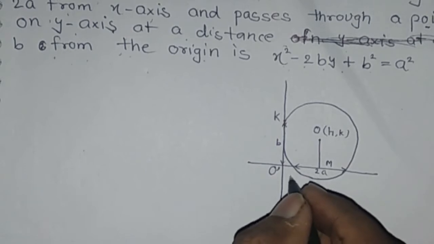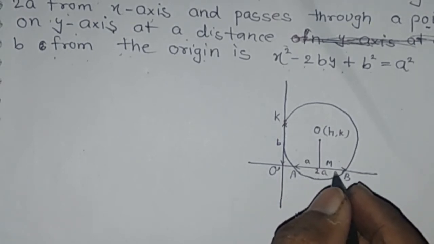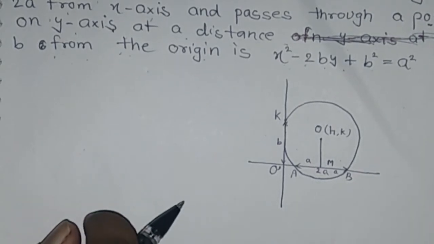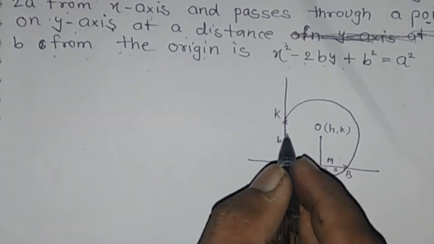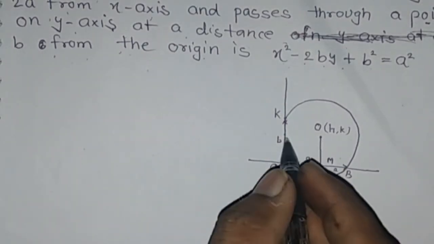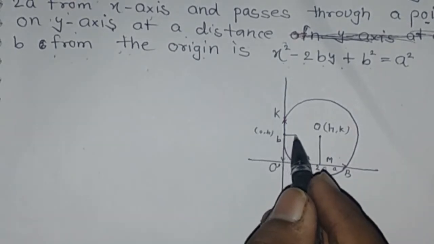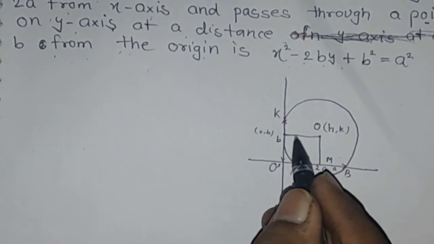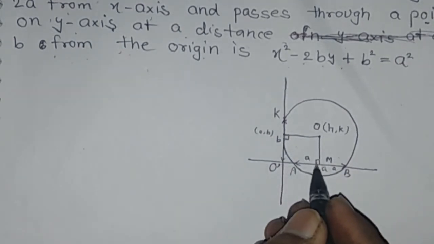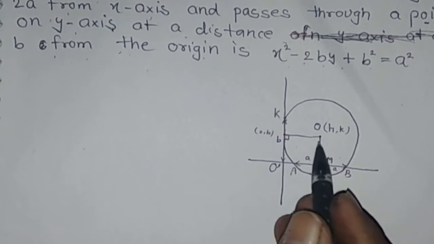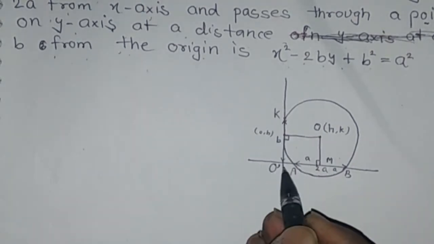OM divides the chord AB into equal parts, AM and MB is also a, and since it is point 0 comma b, the tangent is perpendicular to the radius through the point of contact, then it is 90, it is also 90. Then the OM distance is equal to O dash K.